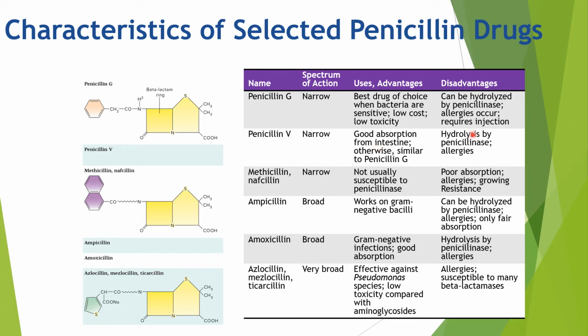So definitely, if the bacteria has this enzyme, then you cannot use penicillin to kill it. Are there some people out there that are allergic to penicillin? Yes. If the individual is allergic to penicillin, then you can't give them penicillin, so you have to think of another antibiotic to give them.